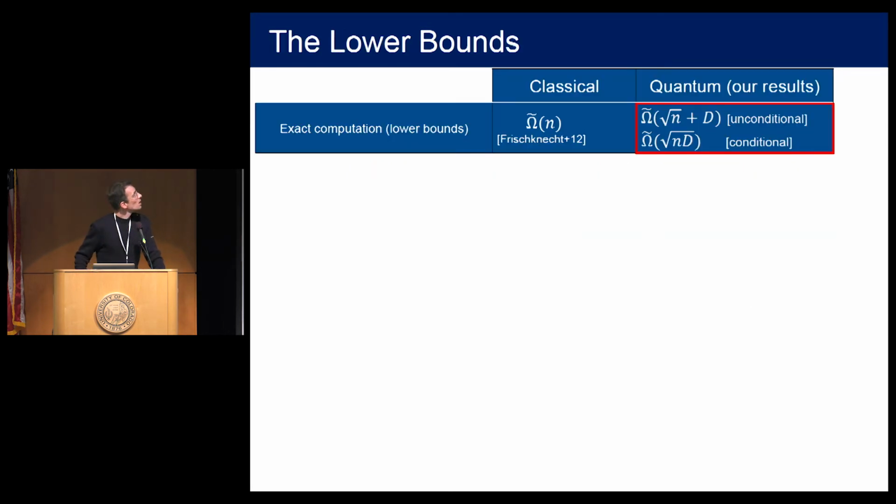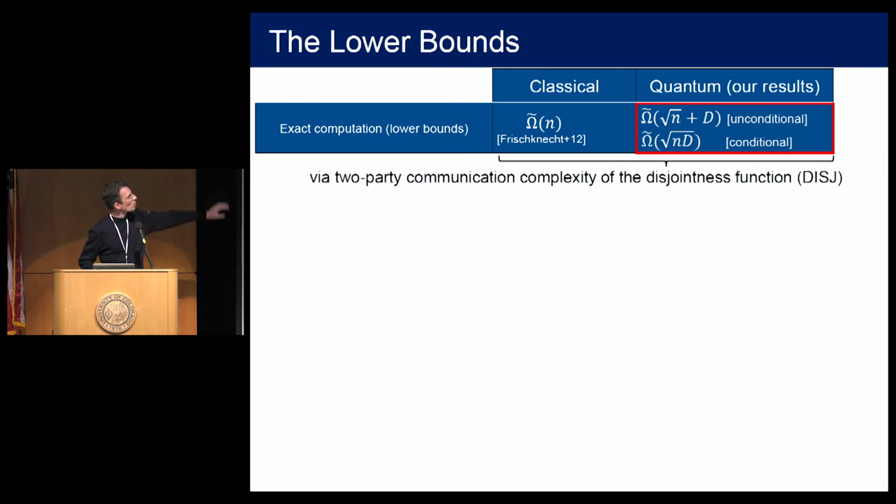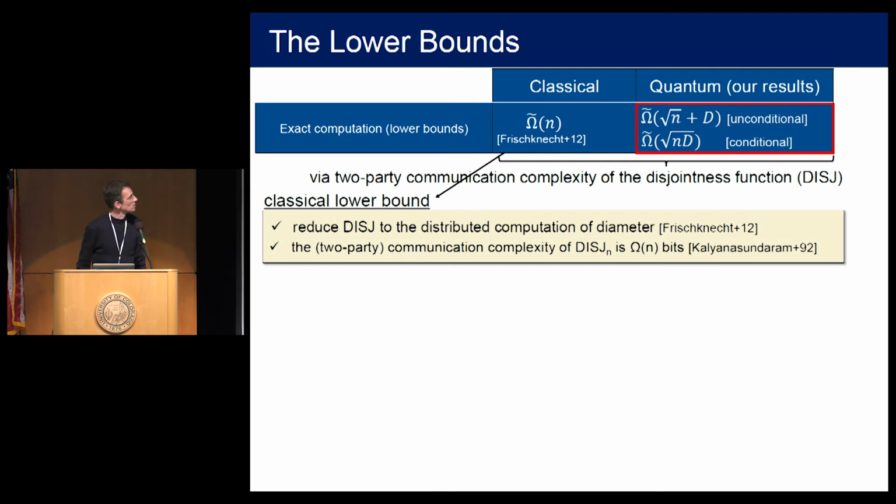Okay, so now lower bounds. All the lower bounds here are actually obtained via the two-party communication complexity of the disjointness function. It's a very standard technique to get lower bounds in distributed computing. So the first one, the classical lower bound, is obtained by reducing the disjointness function to the distributed computation of the diameter.